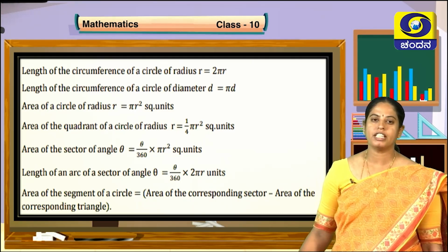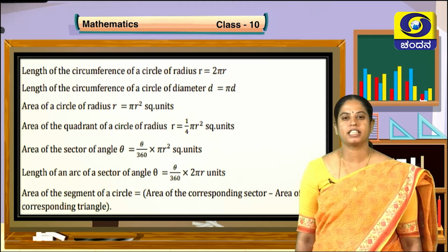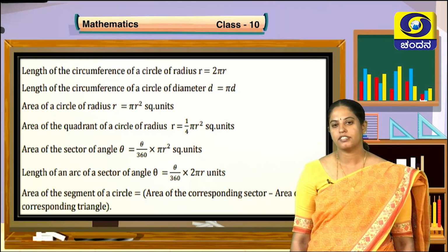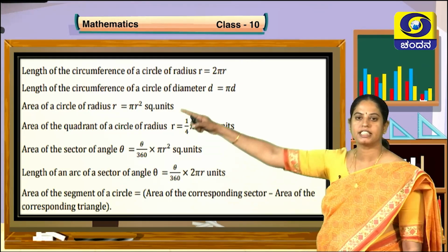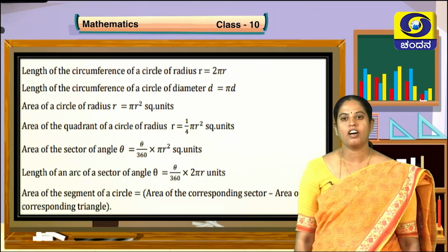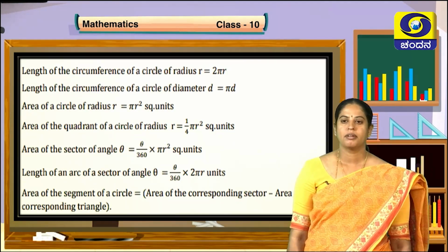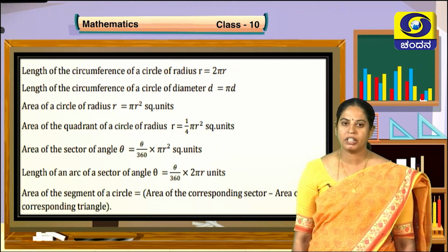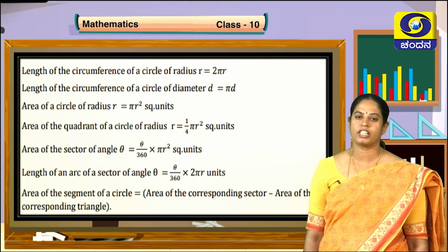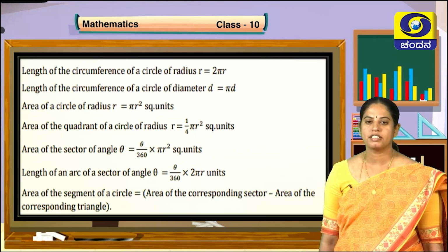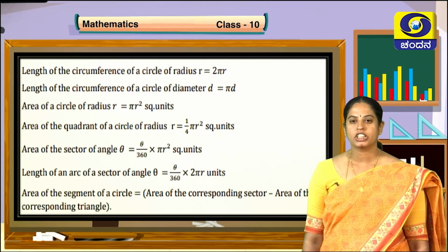Along with me, you too recall the formulas. If instead of radius, the diameter of the circle is given, then what is the formula to find the circumference of the circle? Right. It is the second sentence, that is length of the circumference of a circle of diameter d equals pi into d. Then we are already familiar with the formula to find the area of the circle, that is area of circle of radius r is given by pi r square units.